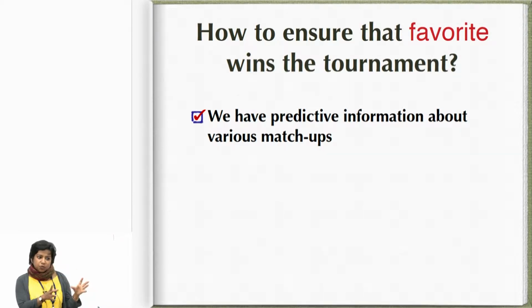I also need to know the win-loss record of those teams amongst each other, because whoever wins among them might eventually play my team, if not in an earlier round, then maybe in the finals. So we have some predictive information about various matchups.